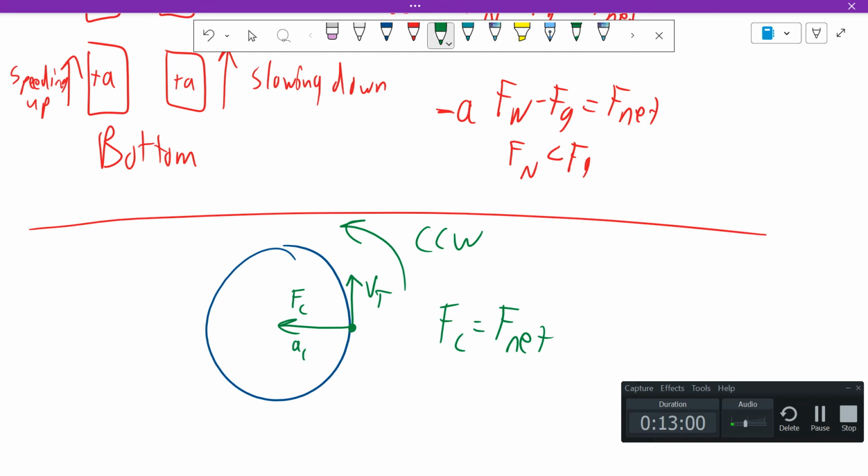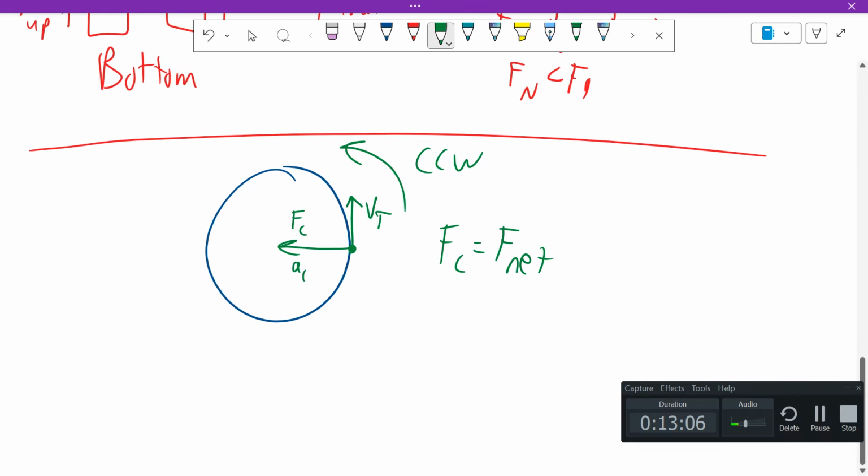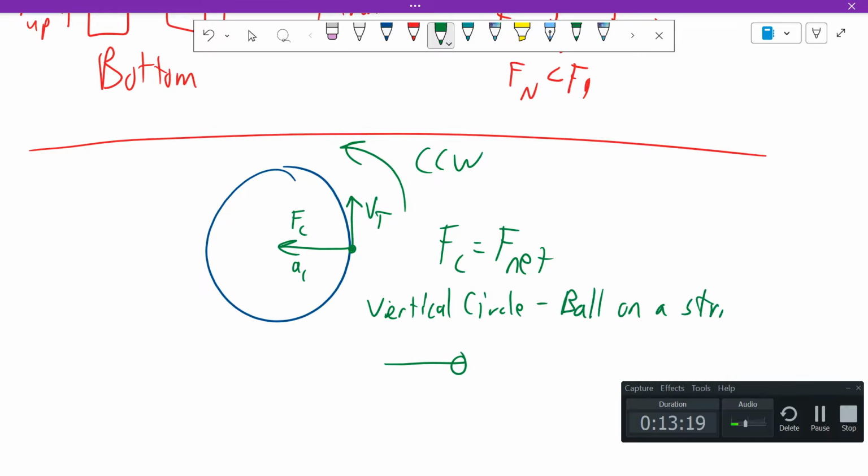Just a clarifier, let's say I'm spinning an object attached to a string in a vertical circle. Vertical circle, ball attached to string. And it's going to go this way. The forces on this object: you've got Ft here, but it doesn't mean you don't have an Fg.